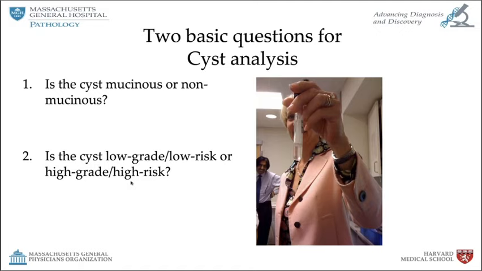Then question number two, and this particularly relates to mucinous cysts, but is the cyst morphologically low grade and low risk or high grade and high risk? And we would use our ancillary tests also to help us answer that question.